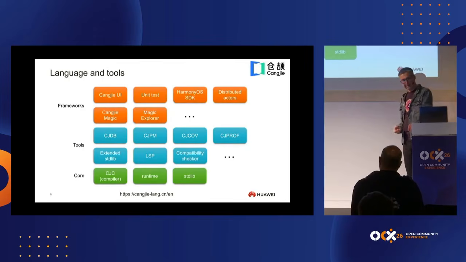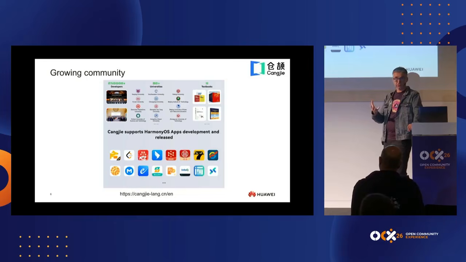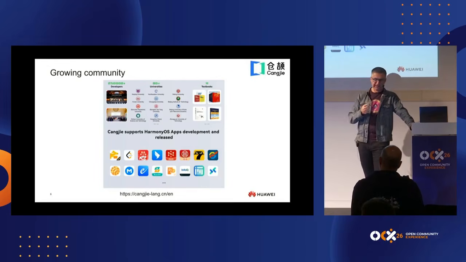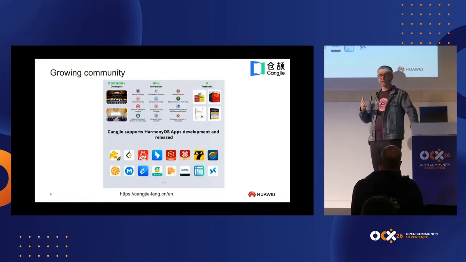All that infrastructure is in place, and you can write serious apps with it. There are already quite a few apps developed in the HarmonyOS Next ecosystem using Cangjie. Probably our most successful partnership is with Meituan.